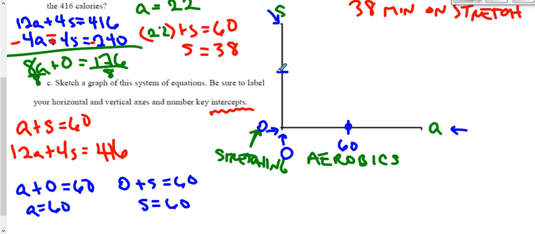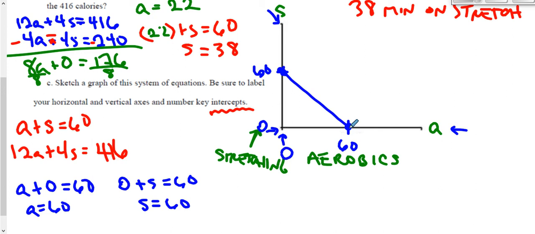So a number on my s-axis, right here, we'll call the number 60. Now I have my a-intercept and my s-intercept. I can connect these 2 points with a line, and I have now graphed my top equation about time. If I'm spending all 60 minutes on aerobics, I'm spending no time on stretching. If I spend all 60 minutes on stretching, I'm spending no time on aerobics.